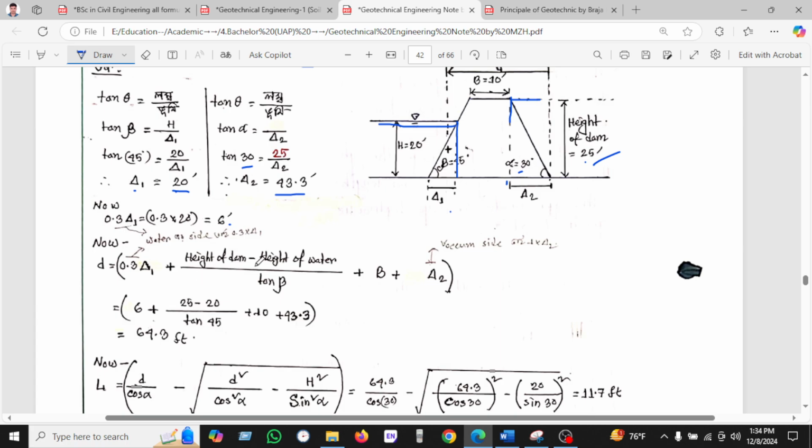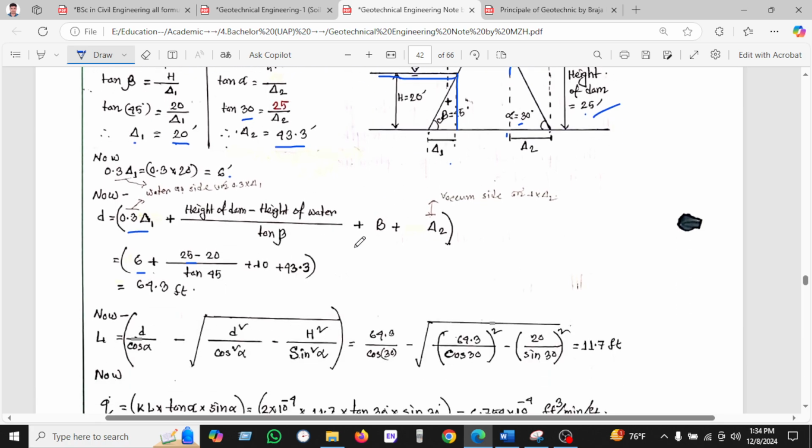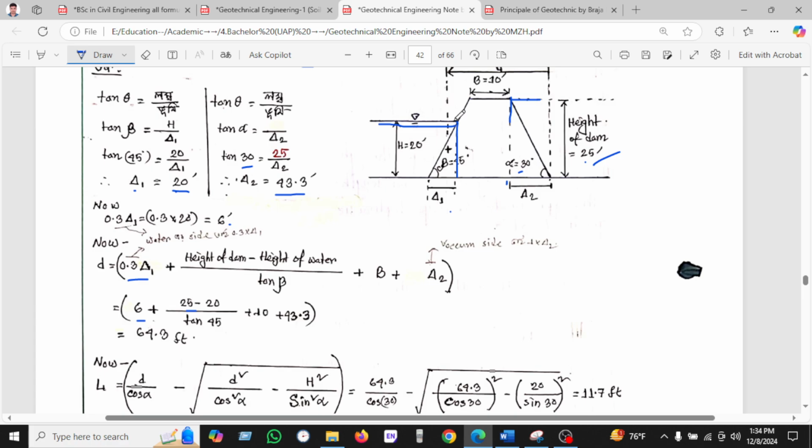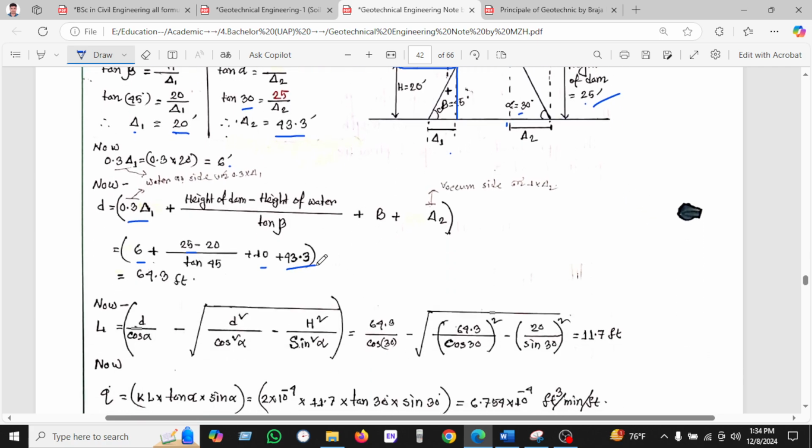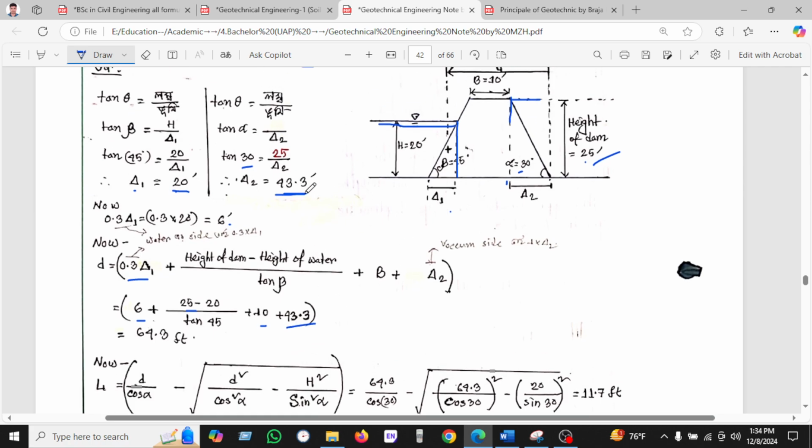Now we'll calculate D equal to 0.3 delta 1, this is the 6 feet, plus the height of the dam minus the height of the water times cot beta, plus B, plus delta 2. We have calculated 6, and the height of the dam we know is 25, minus 20, the water height, times cot beta, then B is the 10 feet width of the dam top, and 43.3 is delta 2, which we have already calculated.